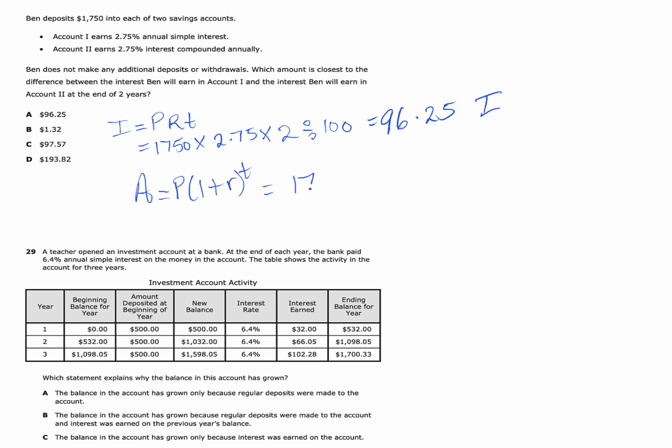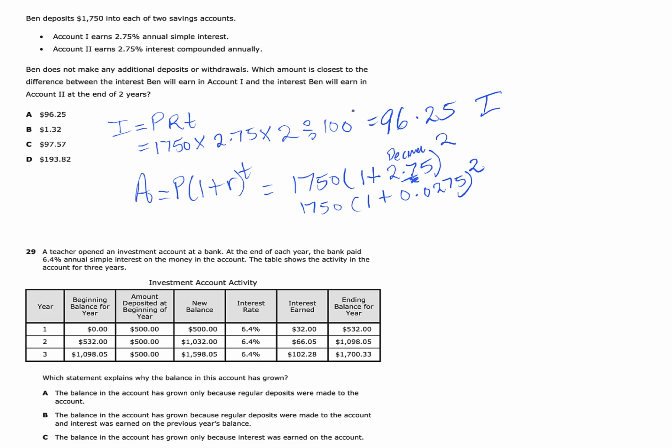So you have your 1750 times 1 plus the 2.75, and the time is 2 years. Now here we're going to have to change this to a decimal. So that's 1750 times 1 plus 0.0275 raised to the 2. So remember, this must be a decimal.